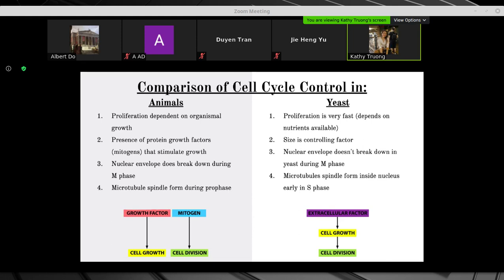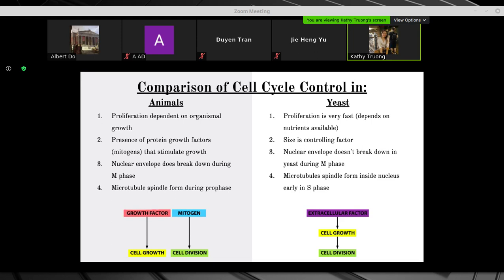If the control was to be lost or unregulated, it could lead to cancer. The presence of mitogens, which are small proteins, induces a cell to begin cell division and helps stimulate its growth. During M phase, the nuclear envelope is broken down and microtubule spindles form, specifically in prophase.